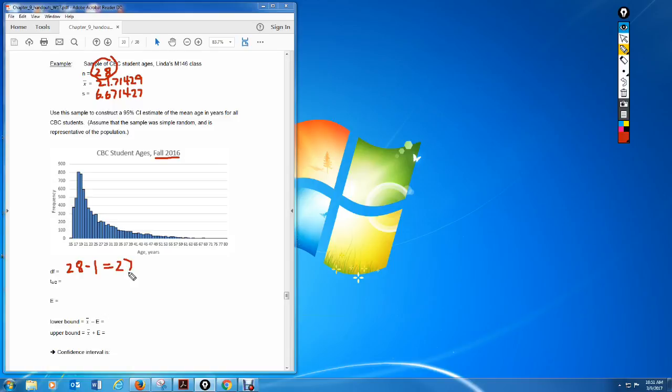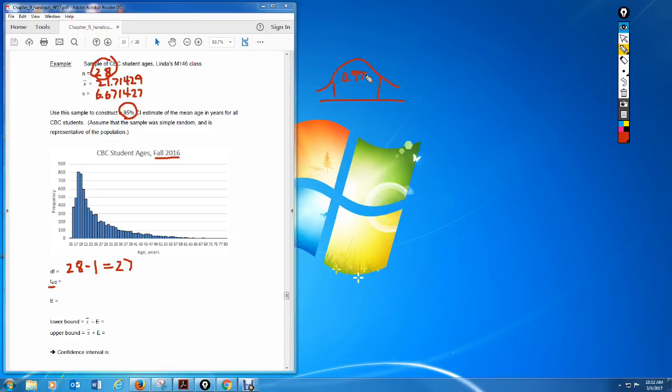Now we need to go look up the critical value. I'll pull the table over in a second. But again, we want 95%. And we already know, with 95% in the middle, then I have 5% left over, divided equally.